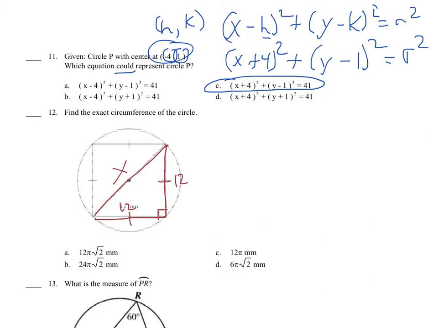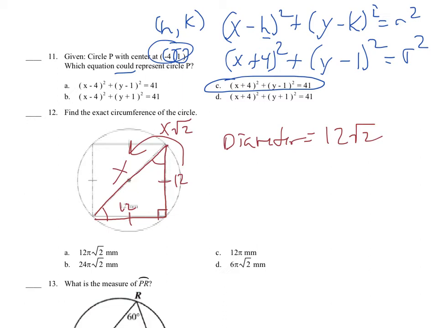Or we could know that isosceles right triangles are 45, 45, 90 triangles. And to go from the leg to the hypotenuse, we multiply by radical 2. So x, or the diameter, is 12 times radical 2, 12 radical 2.